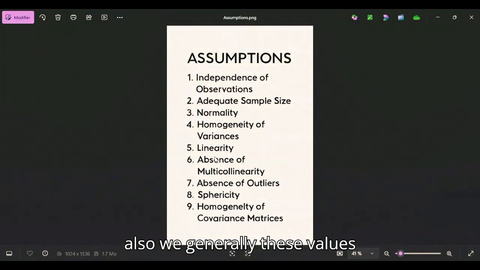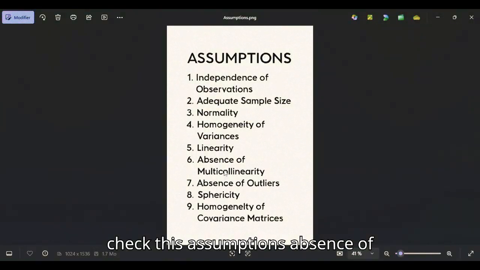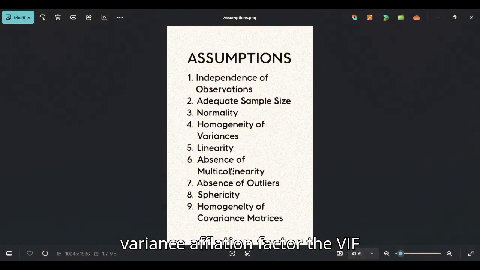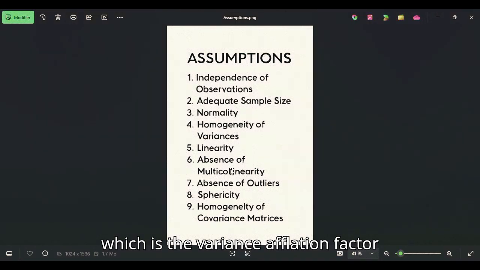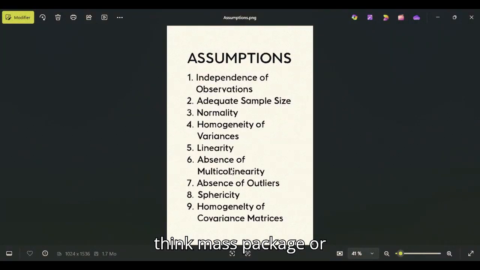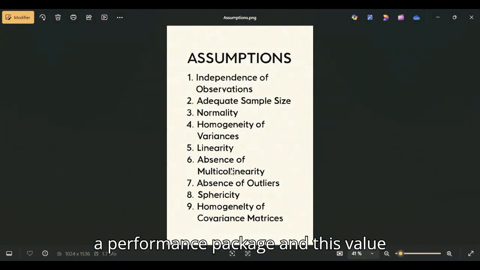We can also check the absence of multicollinearity by calculating the variance inflation factor, VIF, using, for example, the vif function from the MASS package, or check_multicollinearity from the performance package.